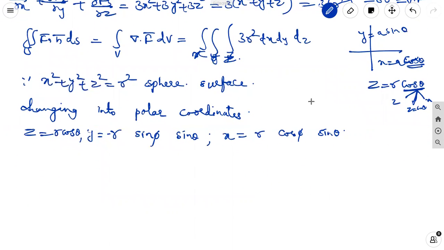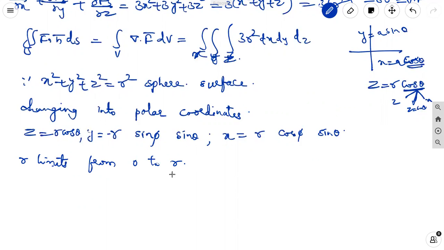In this, what are the limits? Here r limits are from 0 to r only. Why? Because we are taking radius r. It is x square plus y square plus z square is equal to r square. That is nothing but limits from 0 to r only.